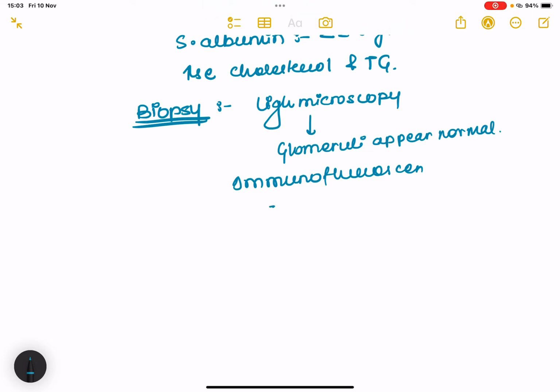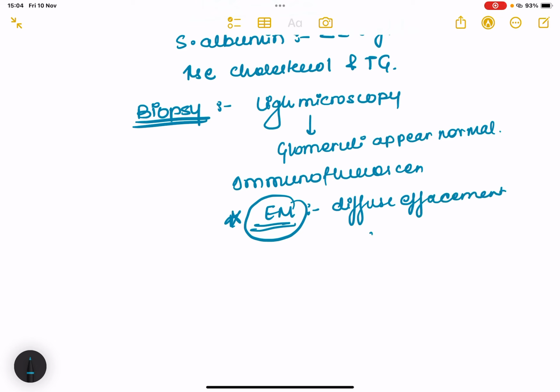Next we can do electron microscopy. In electron microscopy, there is diffuse effacement of foot processes of podocytes.